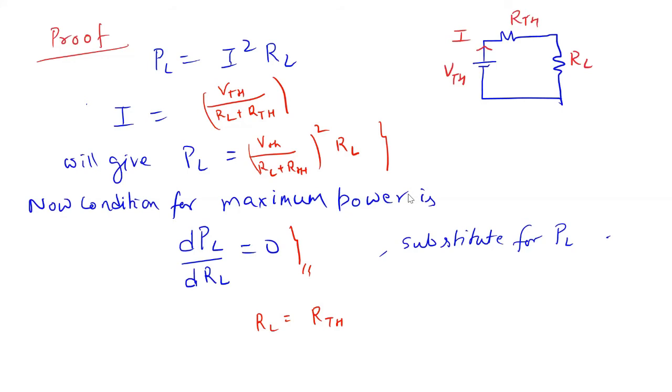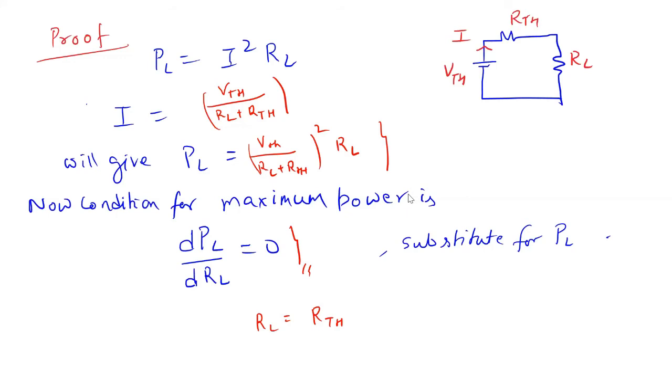So differentiate it and find out what is the value of RL. Okay, so if you have finished, it should come RL equal to RTH, and you can try later also.